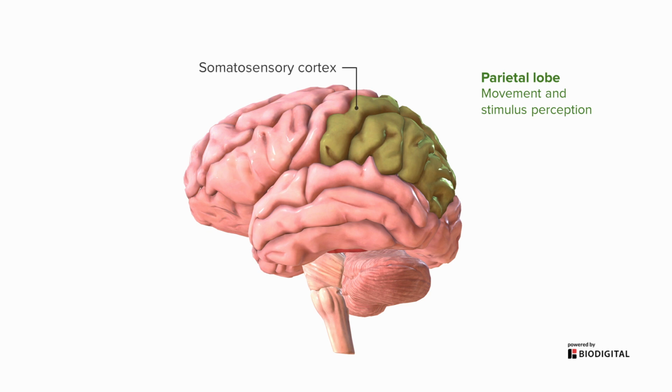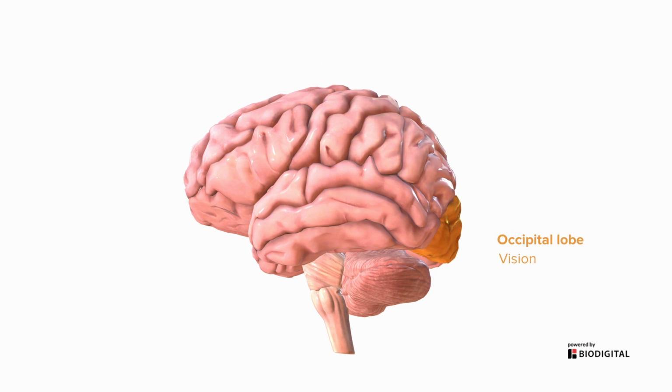Similarly, the parietal lobe has a great role in movement and stimulus perception. For example, there's the somatosensory cortex, which has a very important role in sensing the outside environment. It also has areas for taste and speech, as well as reading and comprehension. The occipital lobe is very important for vision and has direct connections to visual structures more anteriorly in the head.